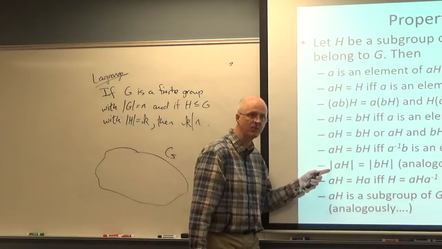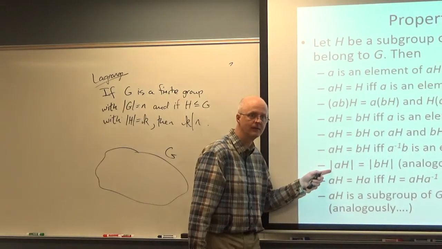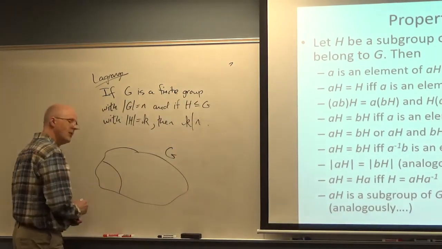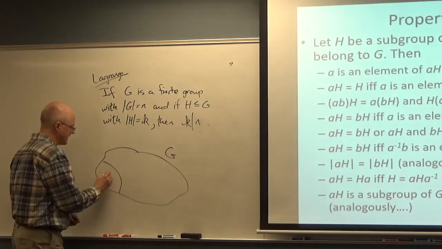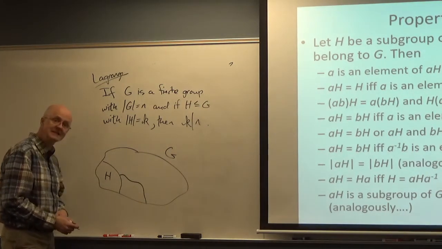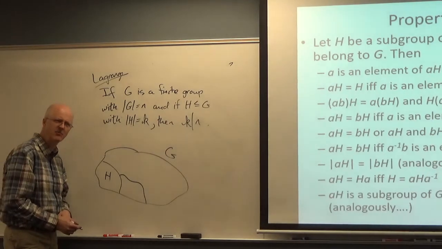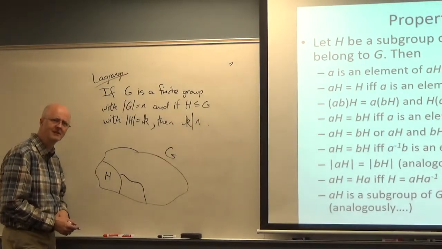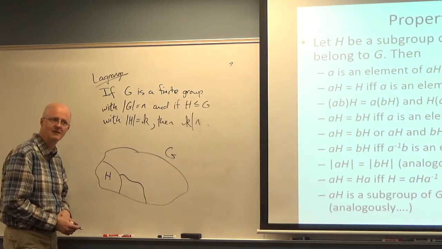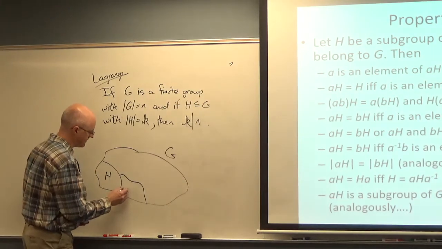Same size based on this property. One thing I forgot to emphasize with this partition is, because it is a partition, there must be an equivalence relation in the background. Remember back in chapter 0? Equivalence relations induce partitions and vice versa. I'll say what the equivalence relation is in a minute.